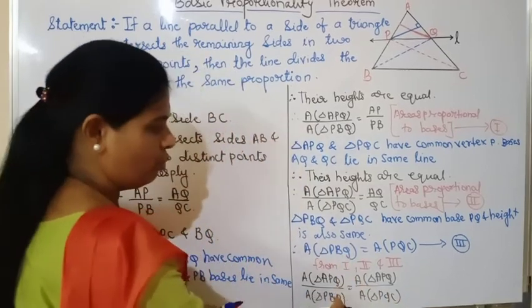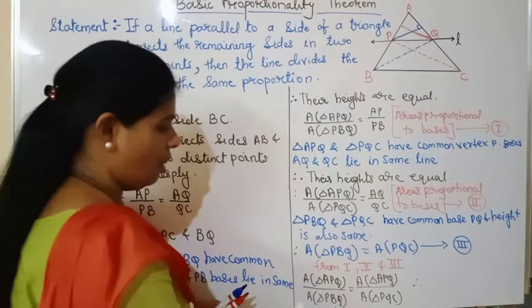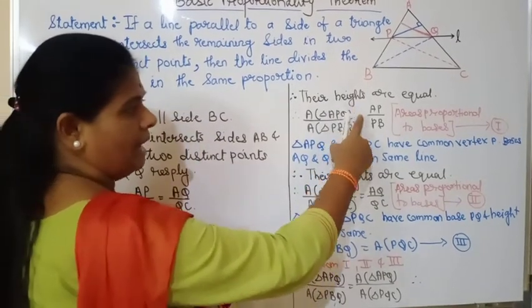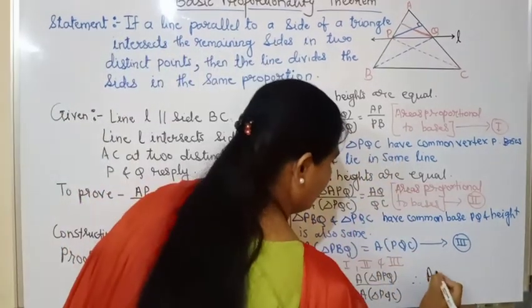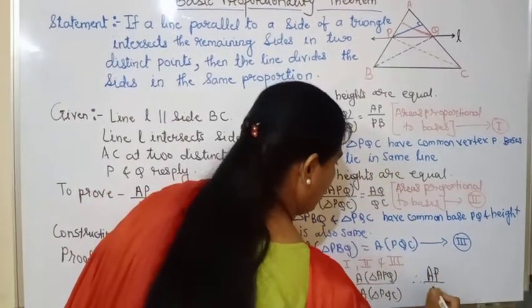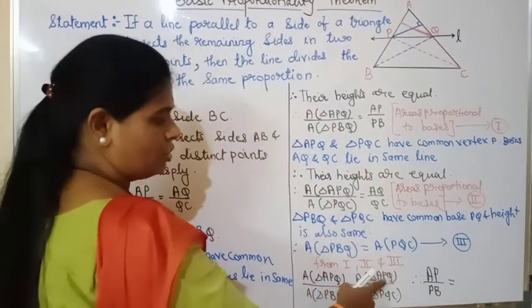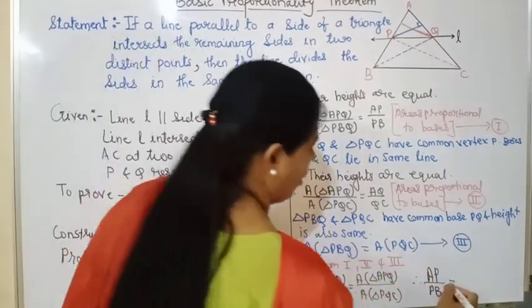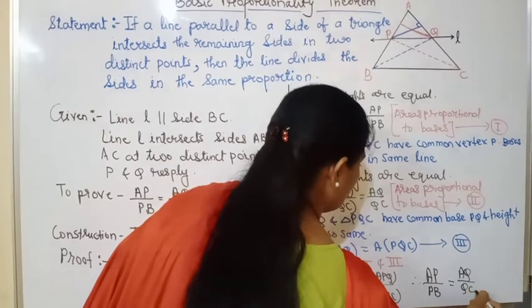Therefore, the ratio of APQ upon PBQ is equal to AP upon PB, and that is equal to the ratio of APQ upon PQC, which is AQ upon QC.